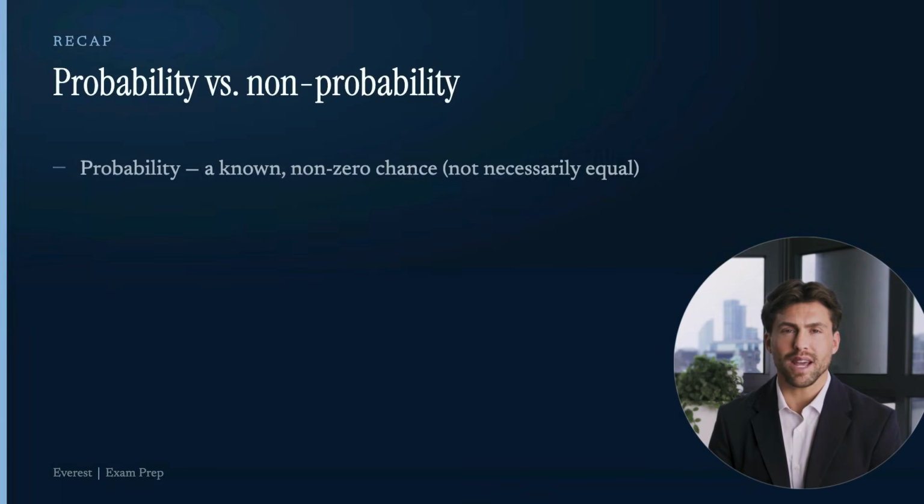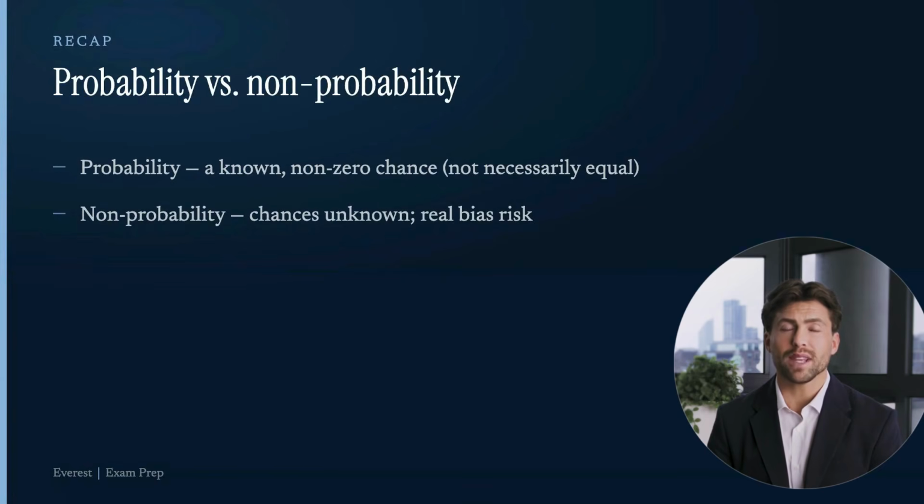Let's recap the key ideas from this section. In probability sampling, every element has a known non-zero chance of selection, although those chances aren't necessarily equal. In non-probability sampling, selection probabilities are unknown, which leaves the sample more vulnerable to selection bias.